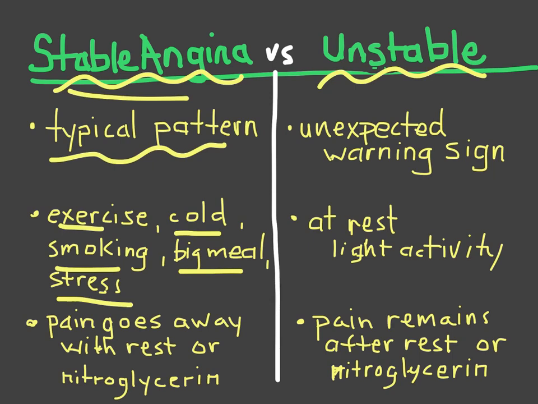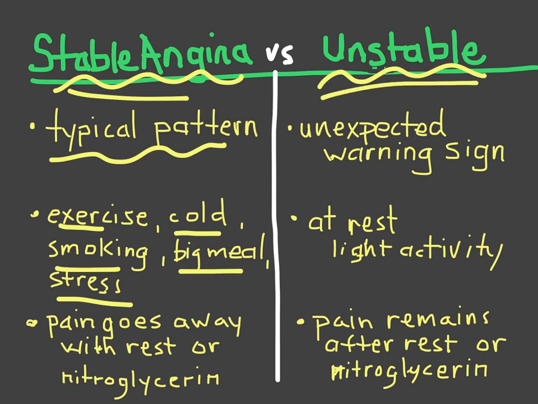Usually the pain will go away with rest after that triggering event, or if you were given a nitroglycerin tablet, which is basically just medication used to relax and dilate the blood vessels. So that stable angina will go away with that nitroglycerin or after the triggering event.